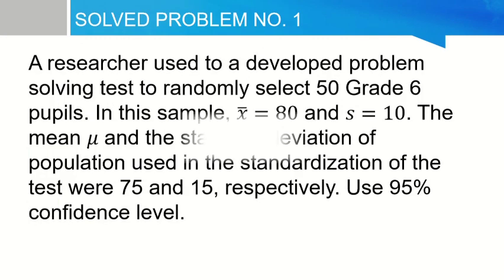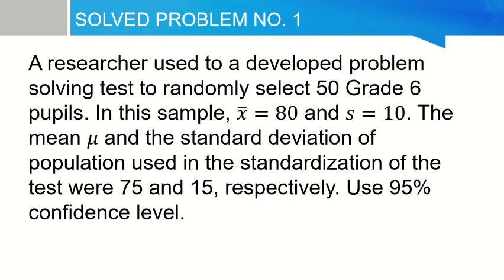Sabi sa inyo, ito yung sa critical value. Paano nyo hahanapin ang critical value kung wala kayo nitong t-table? Diba? Sige, simula tayo sa isa. A researcher used a problem-solving test to randomly select 50 grade 6 pupils.